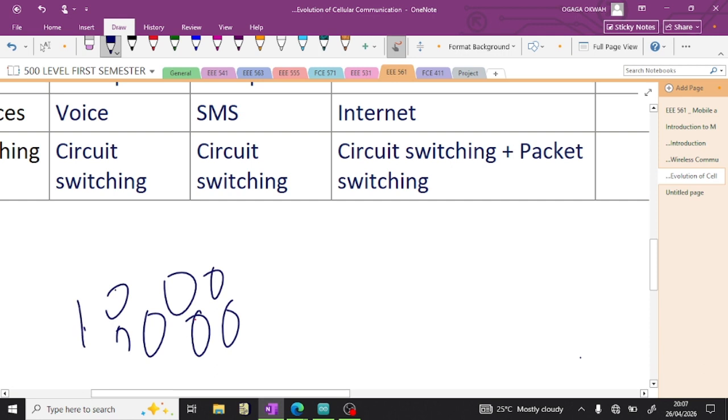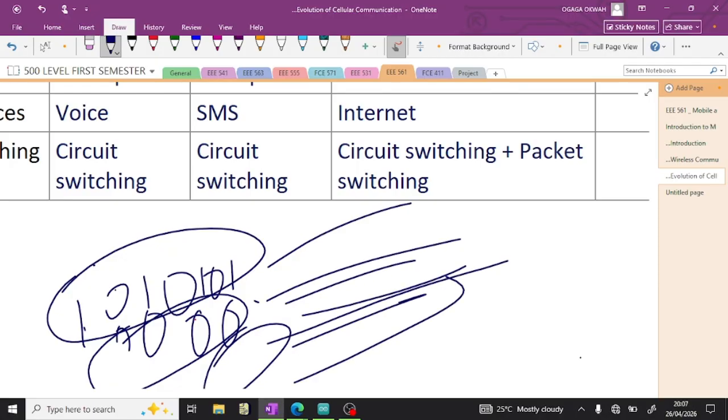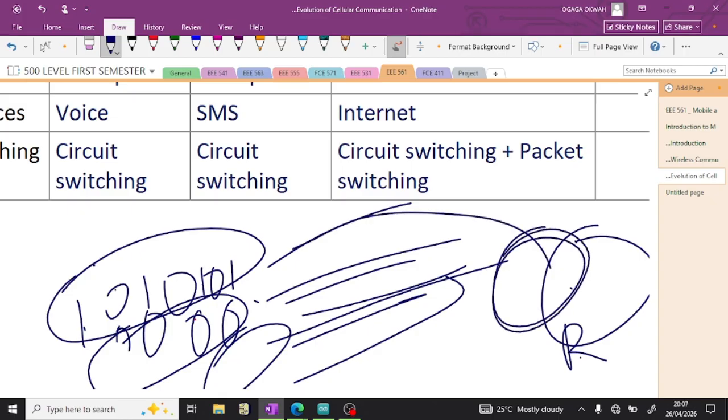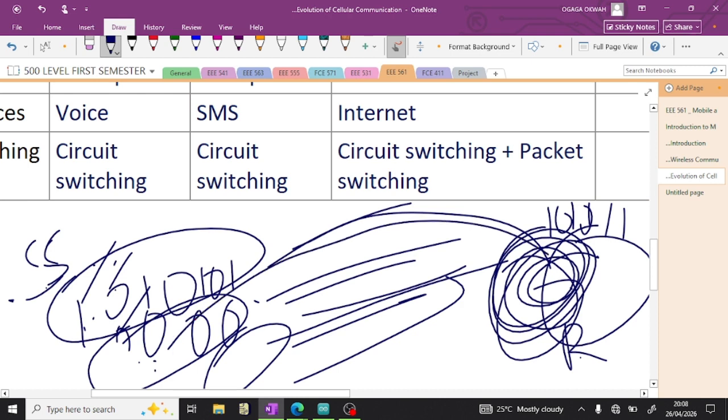The ones and zeros are combined into packets and then sent at different times to the receiver. At the receiver, they are combined again, rearranged to fit the original way they were sent. So from the sender, the data is separated into packets, sent, and then combined back.